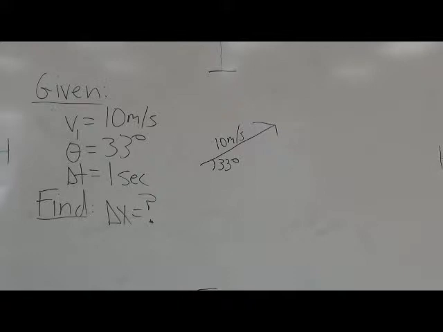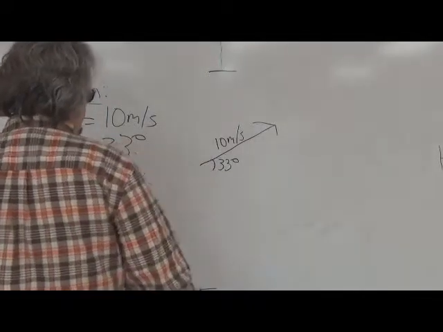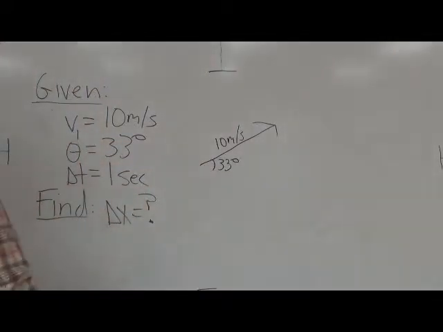So what we need to find out here is how fast it is going along the x-axis, because we want to find the x displacement. So, in order to do this, we can divide this into components. It's moving up and it's moving to the right.